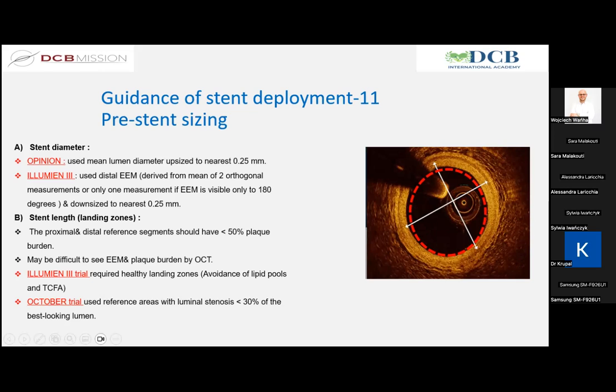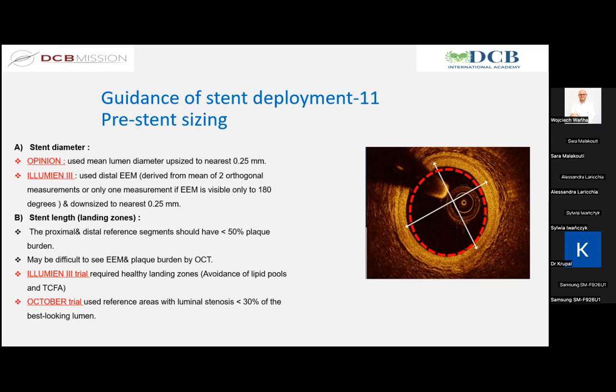The OPINION trial used the mean luminal diameter with upsizing to the nearest 0.25 millimeter. However, the ILUMIEN 3 trial used the distal external elastic lamina derived from the mean of two orthogonal measurements, or only one measurement if the external lamina is visible only to 180 degrees, and they downsized to the nearest 0.25 millimeter.